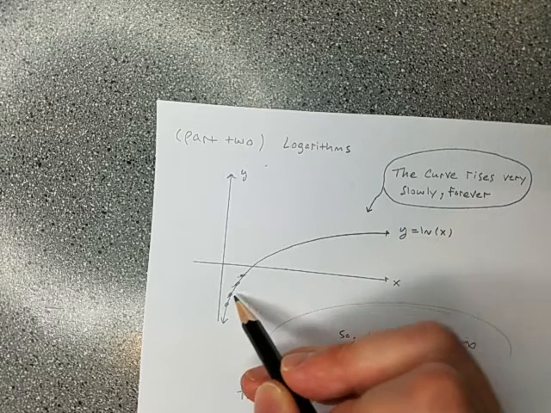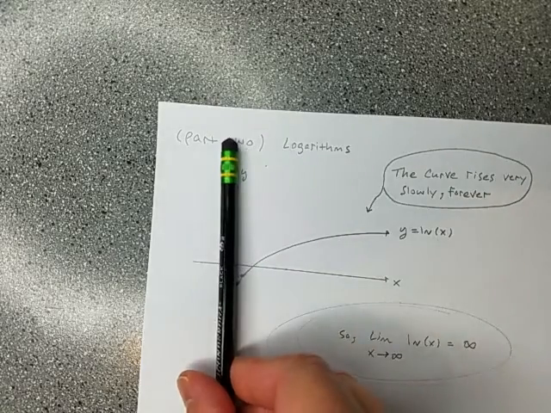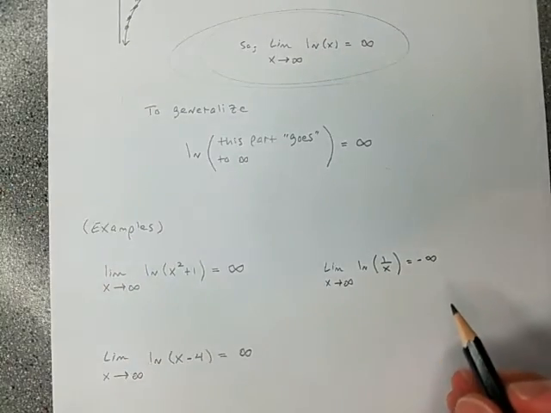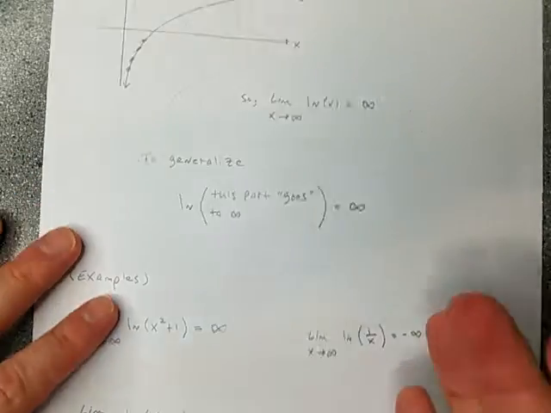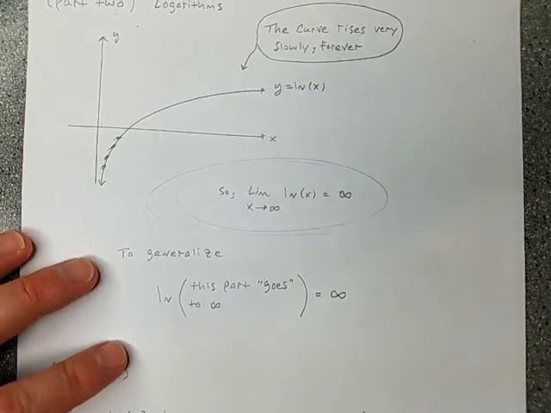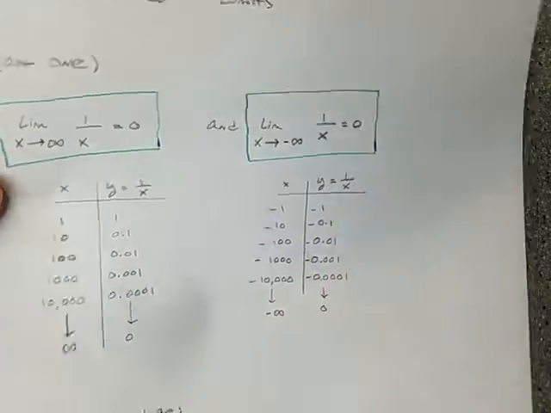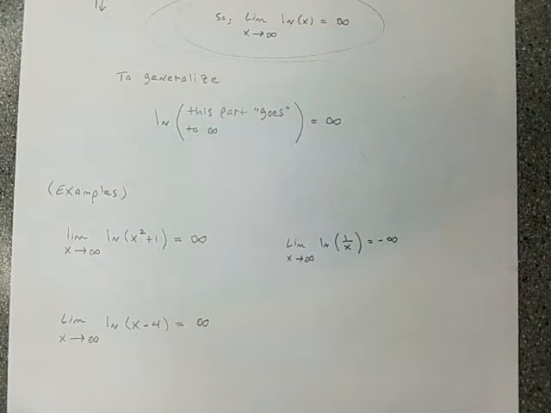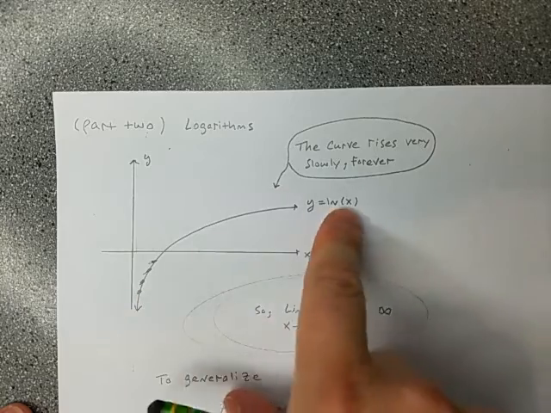That means the y-coordinates are going down. Where are they going? They're going to negative infinity, because here we have a vertical asymptote on the y-axis. I could do any of these just by understanding the basic shape of the curve. So when we do limits, a table can sometimes be useful, but at other times we need to be familiar with basic functions and their graphs.